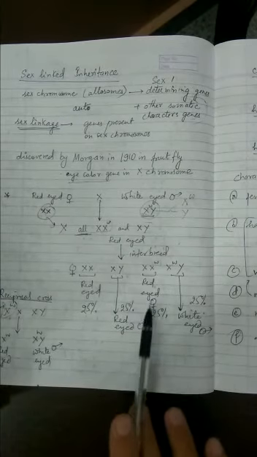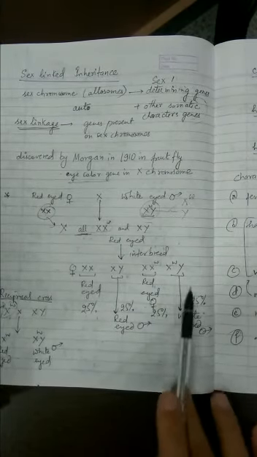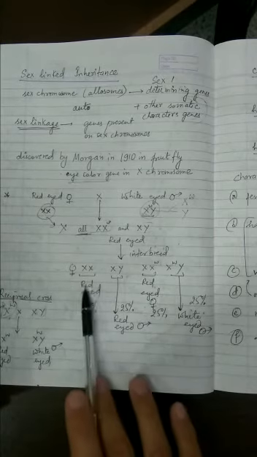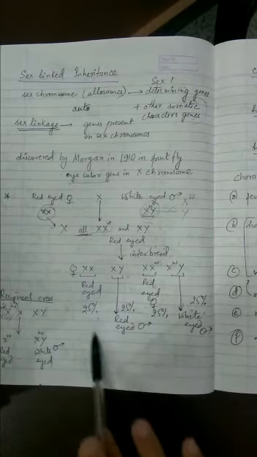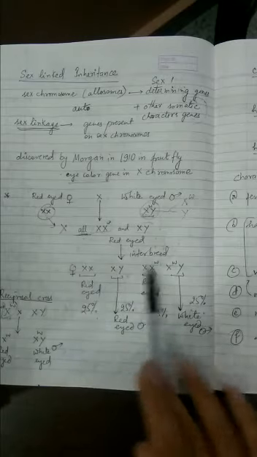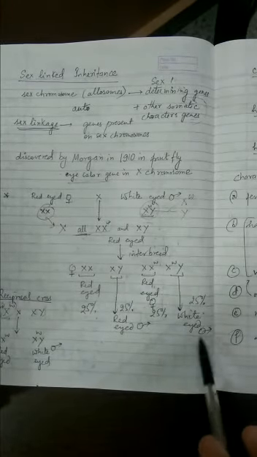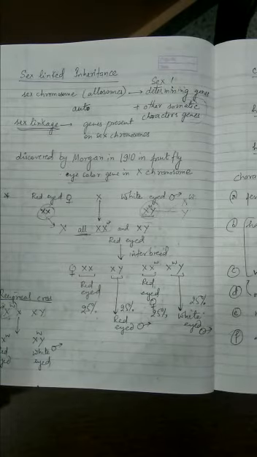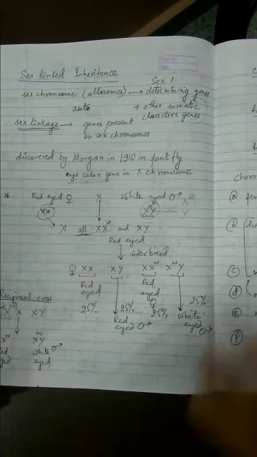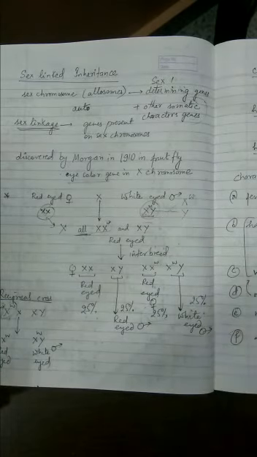Then next one, male red-eyed and male white-eyed. Now here you can again see all the females became red-eyed, but 50% of males are red-eyed and 50% of males are white-eyed. So this was the result of the cross made by Morgan.